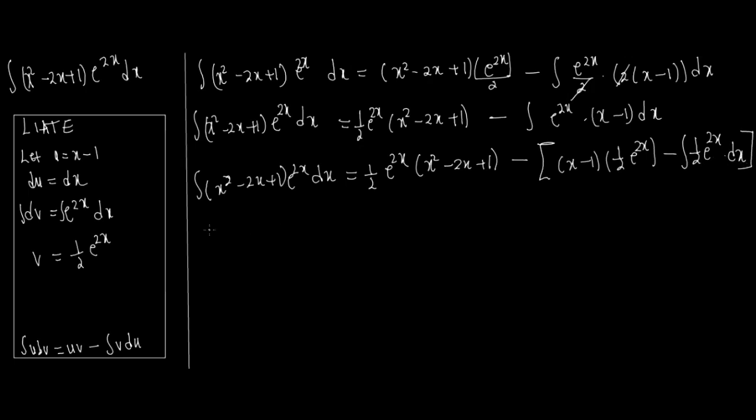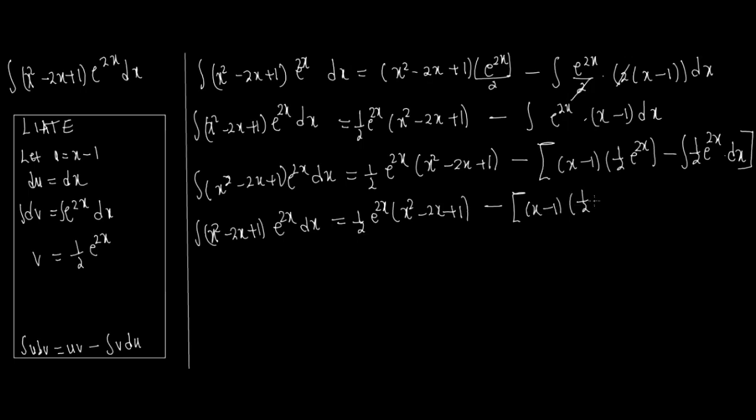So we'll have the integral of the left hand side, which is the question there, e to the 2x times x squared minus 2x plus 1 into x minus 1, 1 over 2 e to the 2x, minus the integral of e to the 2x, which is e to the 2x times 2.